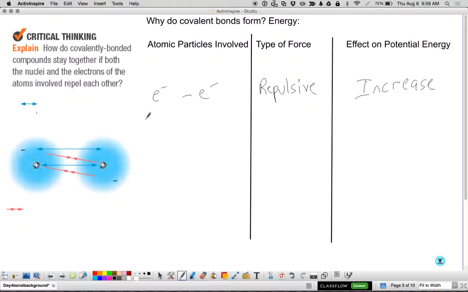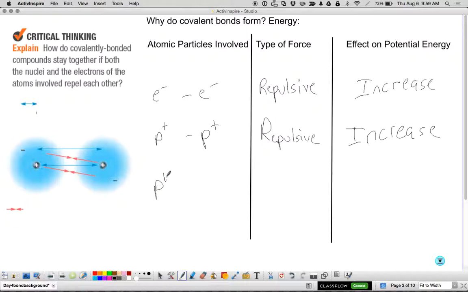Well, let's move on. How about proton-proton? Well, proton-proton interactions will also be repulsive, which means that they would also increase potential energy. Oh. What? So what is holding atoms together in bonds?